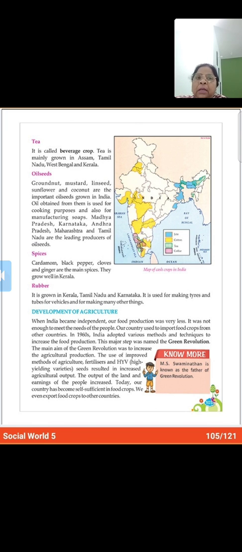Like groundnut, mustard, linseed, sunflower, coconut, even almonds are crushed to extract, means to take out, to get oil from them. And oil seeds are grown in Madhya Pradesh, Andhra Pradesh, Tamil Nadu, Karnataka, Maharashtra.